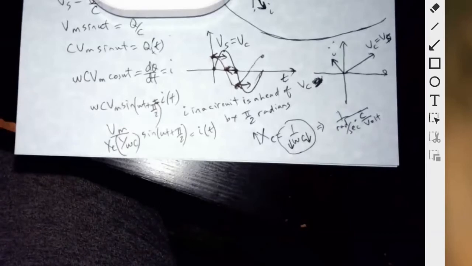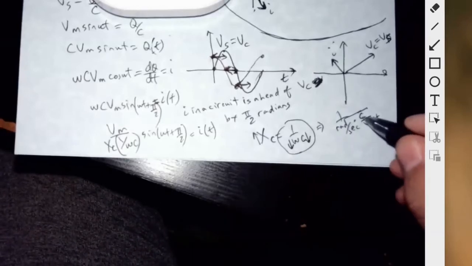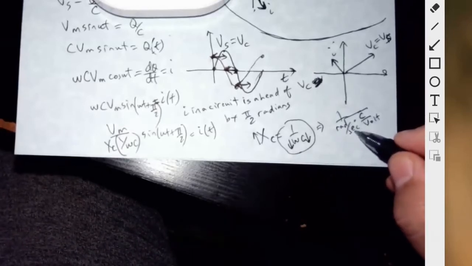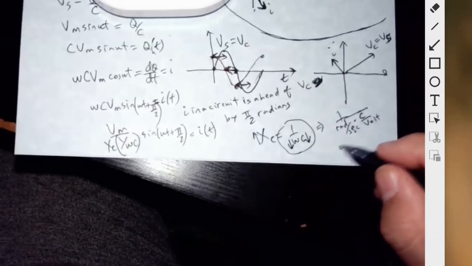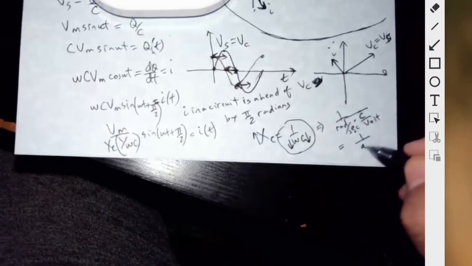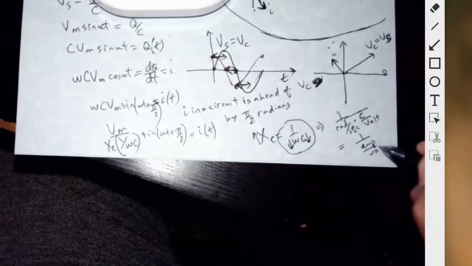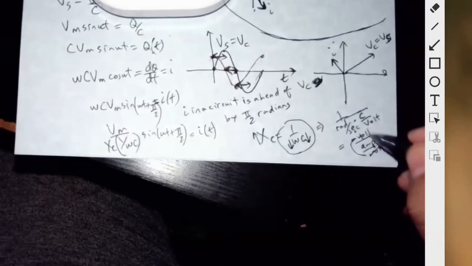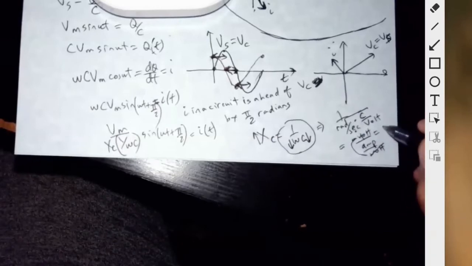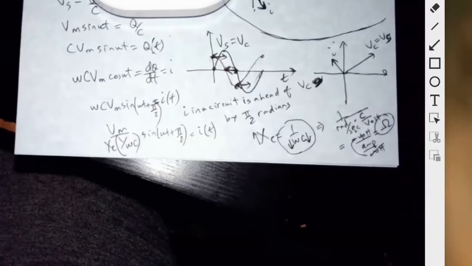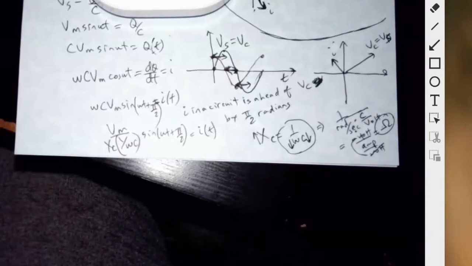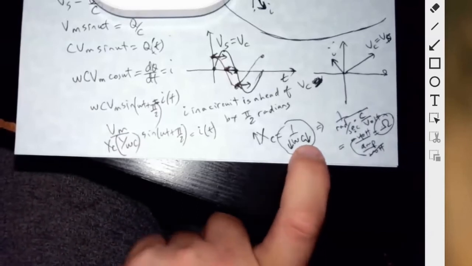And what does that come out to? Coulomb per second is an amp. So that's 1 over an amp over a volt. And then volt goes to the top. Volt over an amp, that's resistance. Oh yeah, ohms. Yeah, 1 over omega C has units of ohms.